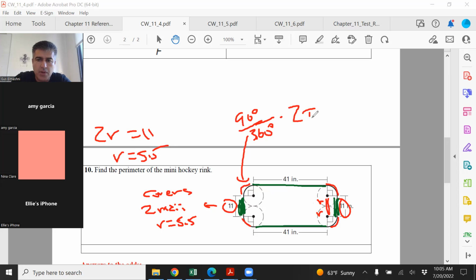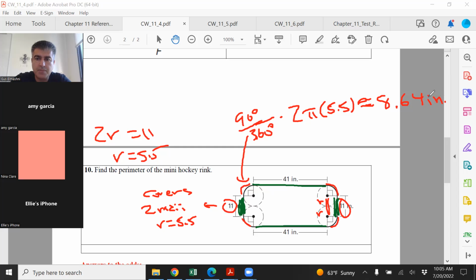So you're going to do this to get that arc. If you work it out correctly, you get 8.64. Okay, 8.64 inches.